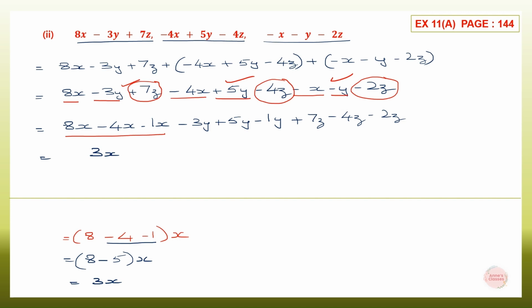Now let's take the y's. So here we have minus 3y plus 5y minus 1y. So here let's take only the numbers. So that will be minus 3 plus 5 minus 1y. Okay, so here also let's take the numbers with the minus sign. There are two numbers with the minus sign.